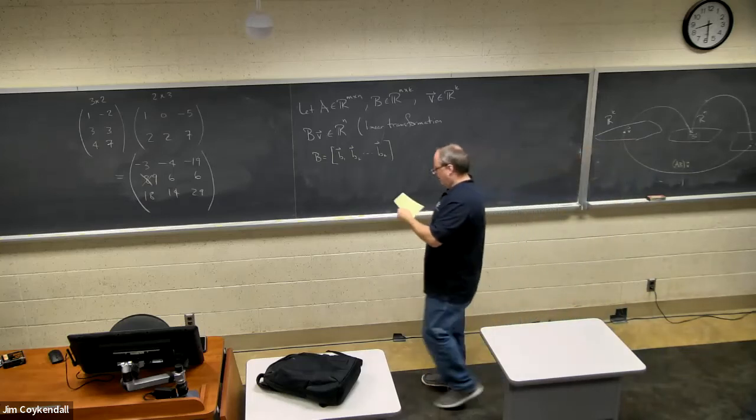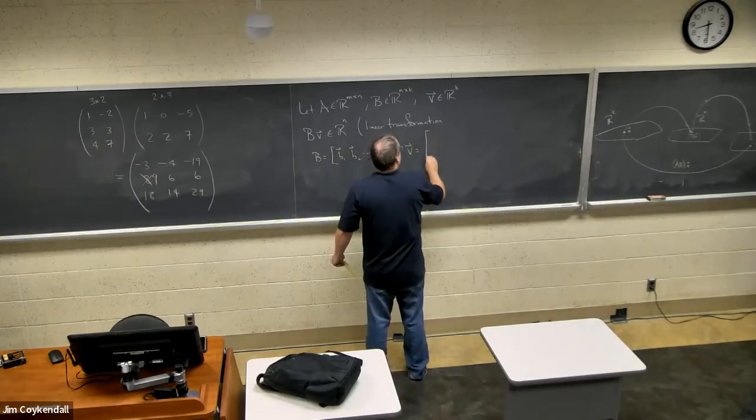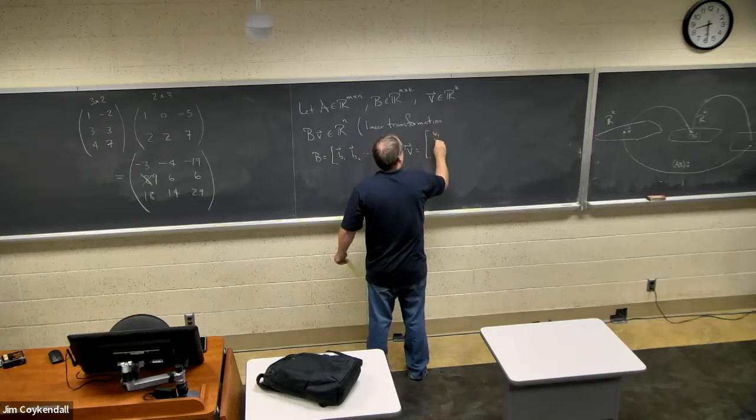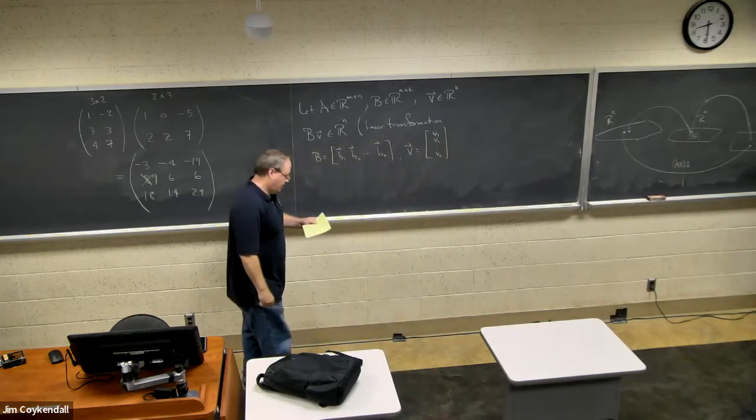Now, we can write the vector v. I'll write entries of this. This is just a column of k numbers.